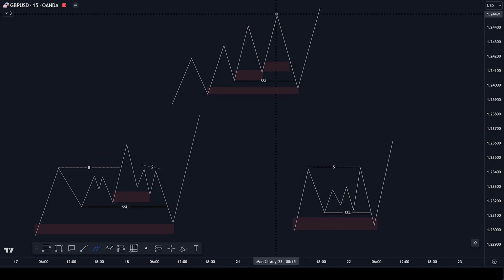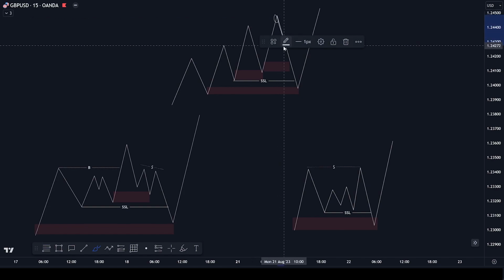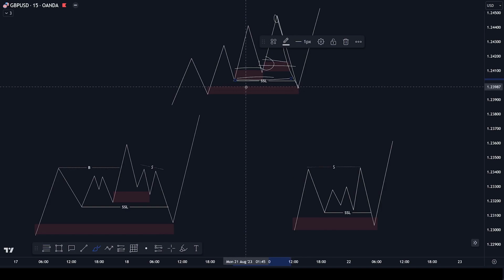When that happens, it will come back to a demand that is below the demand of the actual structure, take out sell side liquidity, and also rebalance the price. This is why it's important to find areas where you have a clear imbalance and clear liquidity above them.